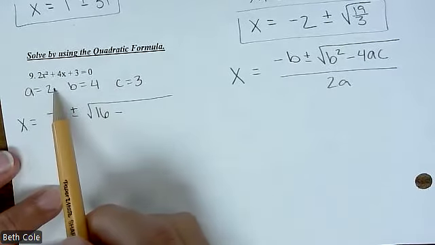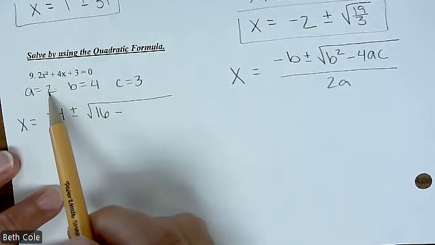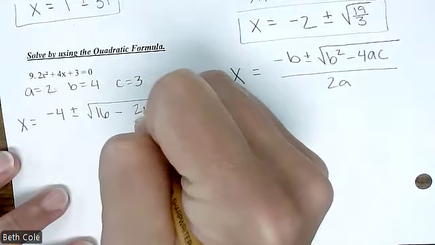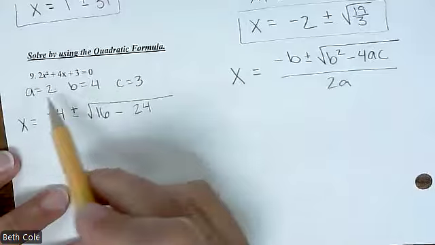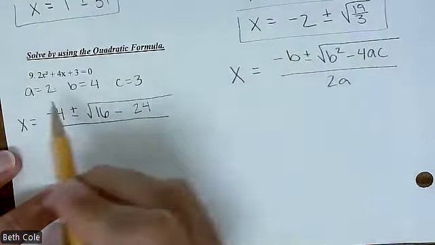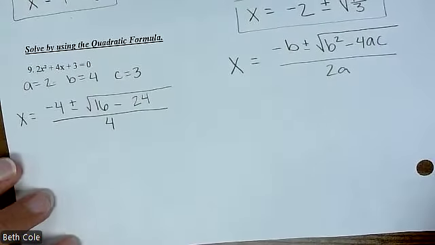So 4 times 2, 8. Trying to walk you through it. 4 times 2 would be 8, and then times 3, 24. 4ac, 4 times 2 times 3. All right, and then it's all over 2 times a. So 2 times 2 is 4.